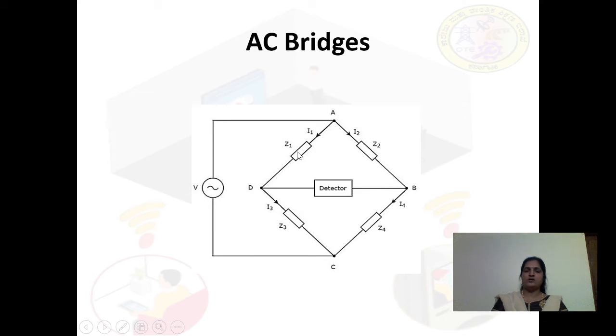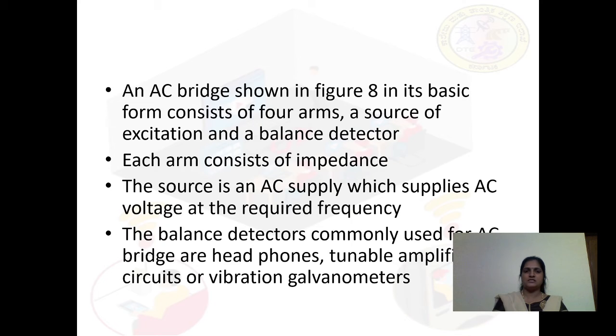So Z1 carries current I1, Z2 carries current I2. Similarly, the known standard arm is Z3 with current I3, and the unknown or fourth arm has impedance Z4, and the current flowing through this is I4. So this is about the AC kind of bridges where the source of excitation is AC.